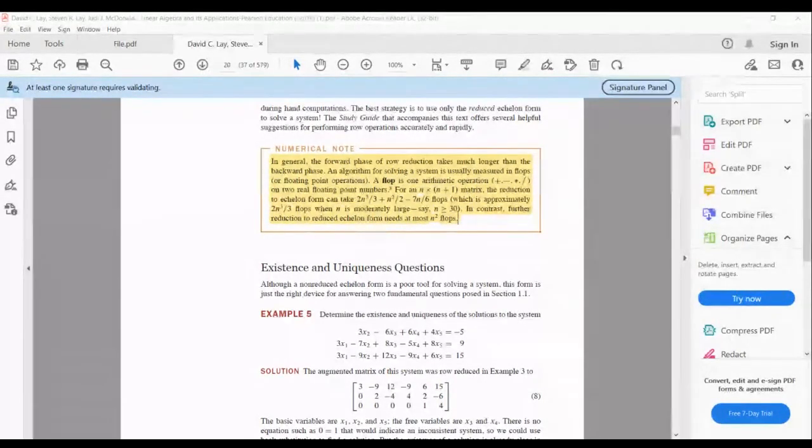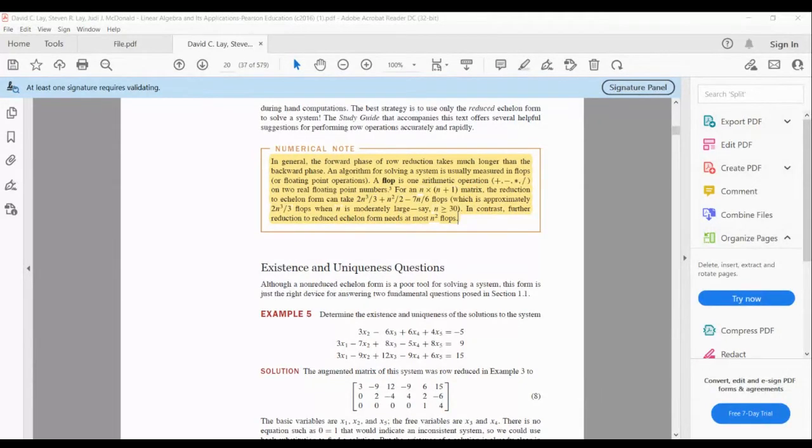So it's very important to do row reduction as efficiently as possible, because that'll cut down on computing time if you have a huge system of equations. They talk about, if you have an n by n plus 1 matrix, the reduction to echelon form can take 2n cubed over 3 plus n squared over 2 minus 7n over 6 flops, which is approximately 2n cubed over 3 flops when n is large.